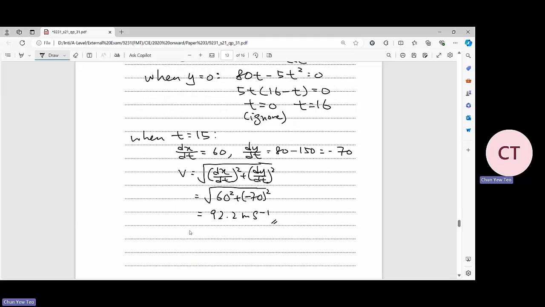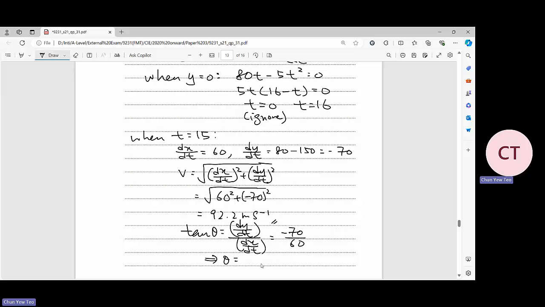Then your direction: tan theta is equal to dy/dt over dx/dt. That will be equal to negative 70 over 60. That will give you theta. The negative over here means that you are going below the horizontal, or going downward.